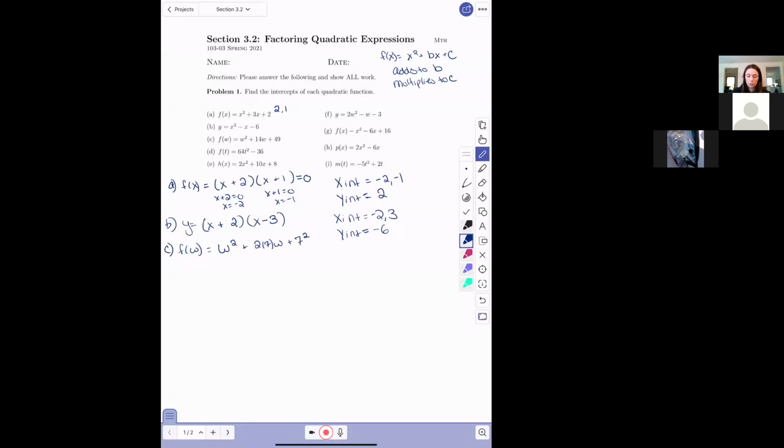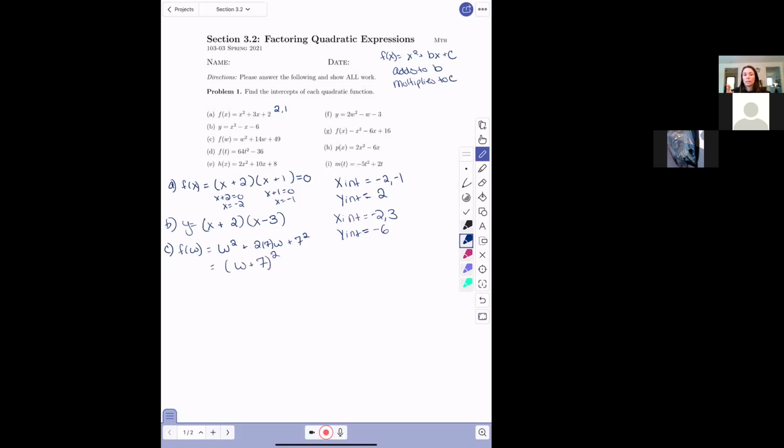Right? When this third value, the y-intercept, is a perfect square, and that middle term is 2 times the number being squared, then we can automatically factor it to w plus 7 squared.